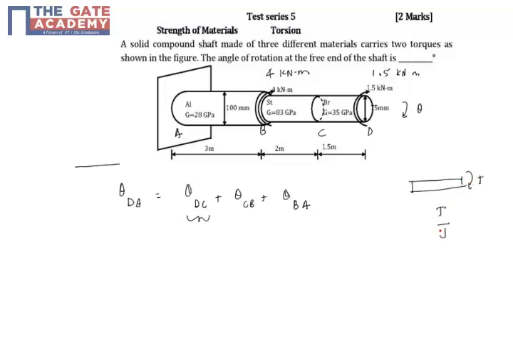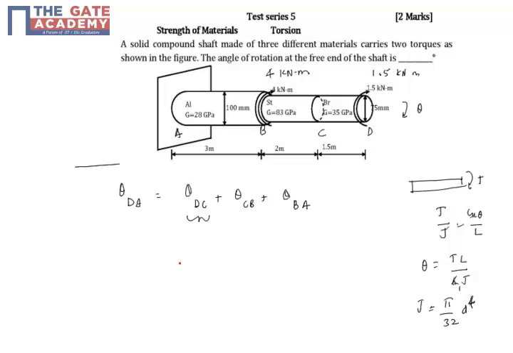We use the torsion equation, T by J is G theta by L, and therefore theta is nothing but TL by GJ. G is the shear modulus, rigidity modulus basically, and J, for a circular cross section, is pi by 32 d power 4. It's the polar area moment of inertia.